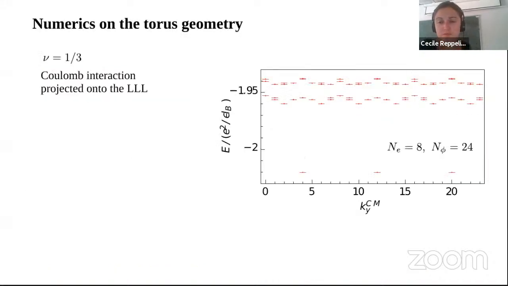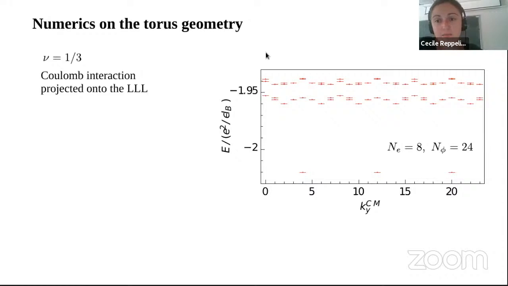So I also want to show another hallmark of topological order, which appears when you do some numerics. And this is quite useful when you have a Hamiltonian and you may not know what the nature of the ground state is. Is it an insulator or not? If it's an insulator, then does it have any topological order or not?